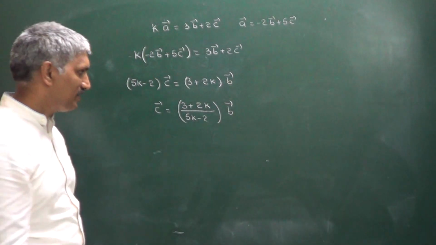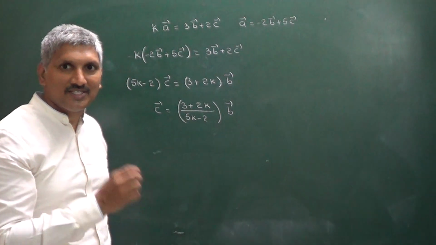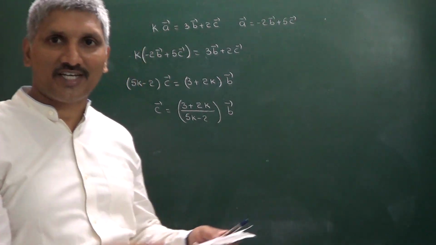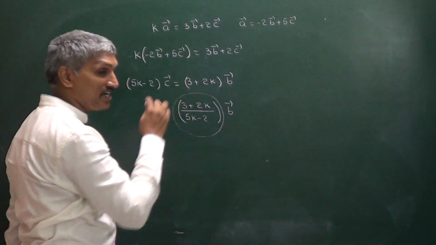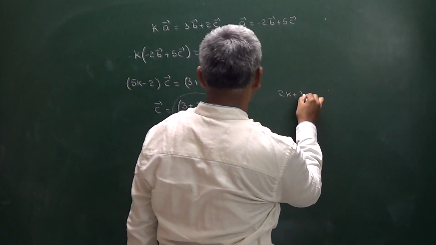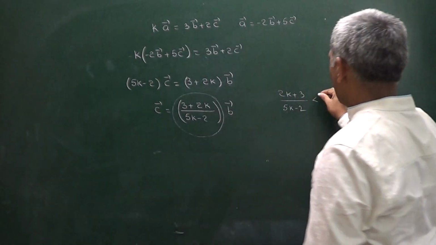He is saying these two vectors are of opposite direction. Opposite direction means definitely this value we have to get negative. So that's why (2k plus 3) divided by (5k minus 2) must be less than 0.